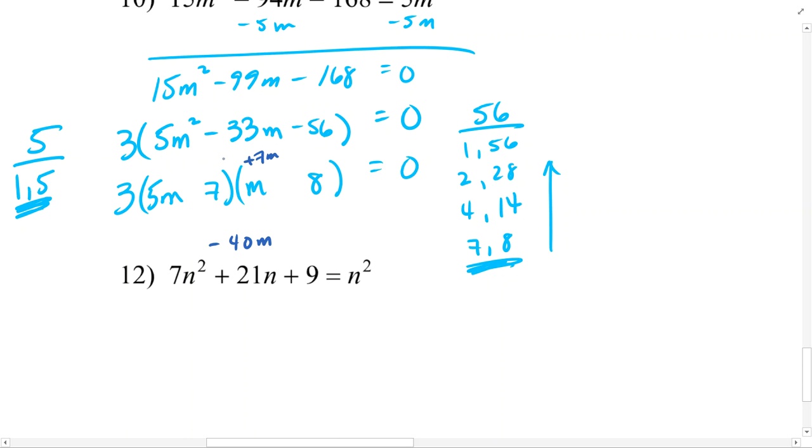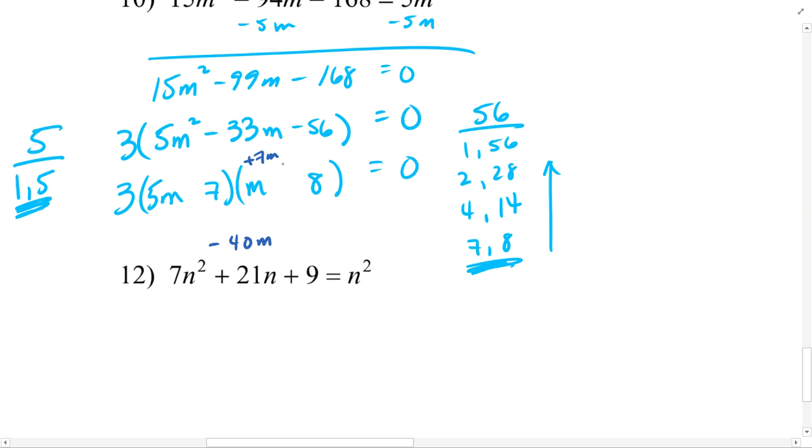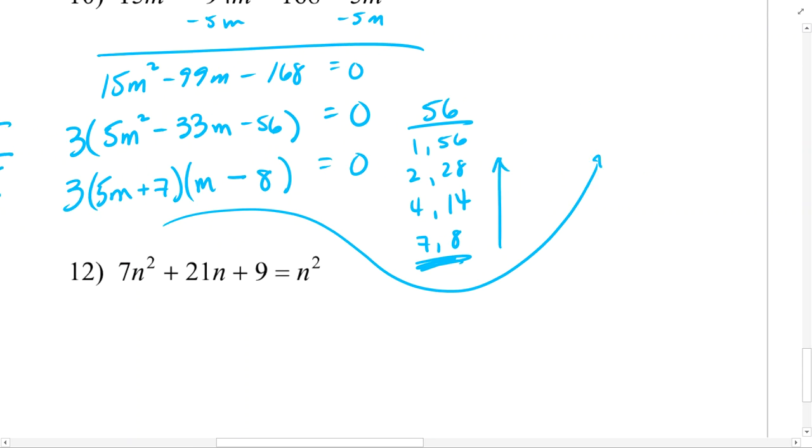And so my last question that I'm asking myself is, how do I get to a negative 40 with what I have in front of me? That would take a negative 8 times 5m and a positive 7 times 1m. And this looks like the factored pair that I'm after. So I'm going to slide over here off to the side.